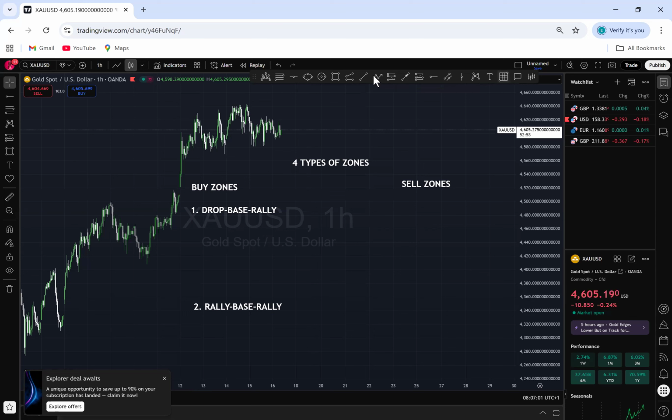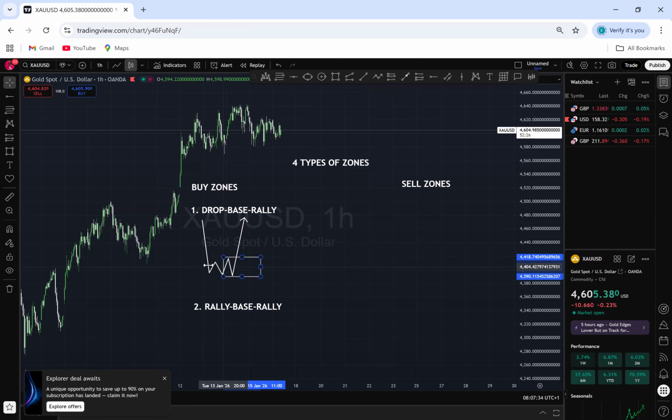Now, what it means is, for the drop base rally, we have price trending to the downside and then accumulating, and then we have a rally to the upside. So a drop is to the downside, base is the consolidation, and then we have a rally to the upside.